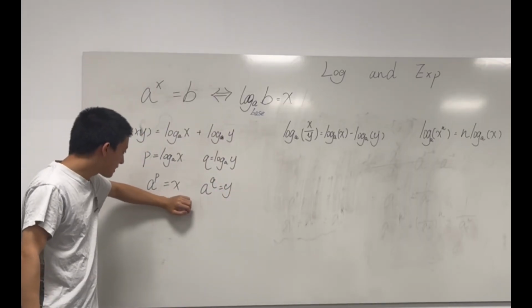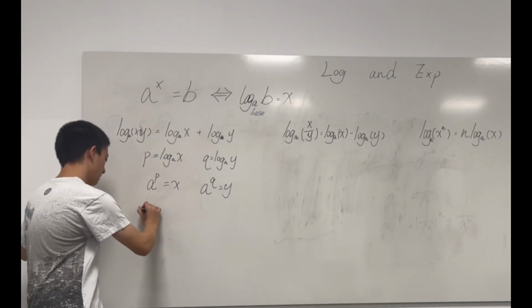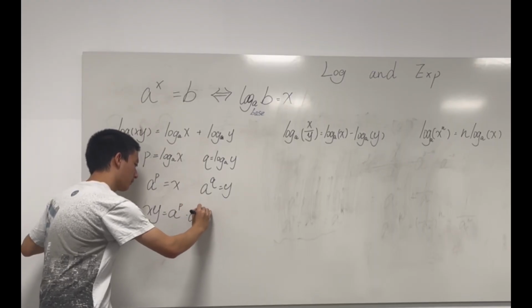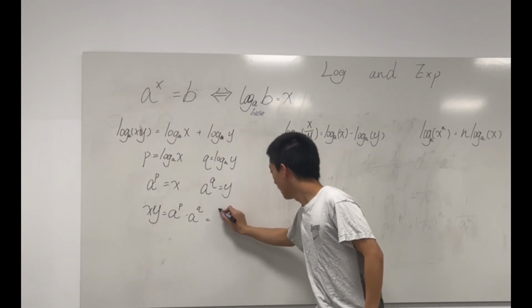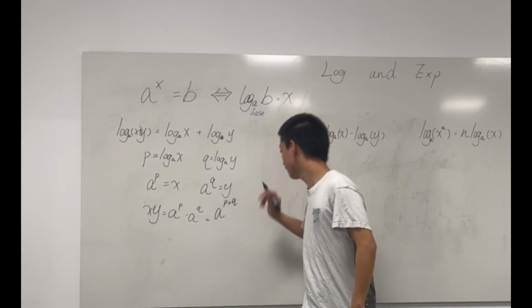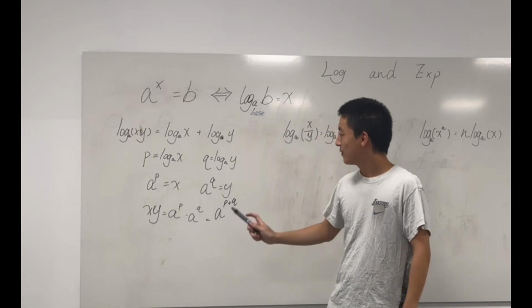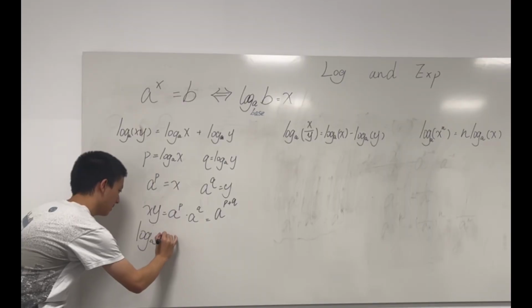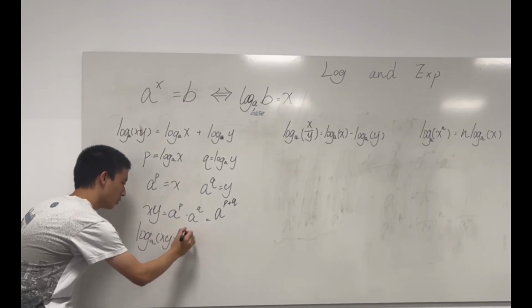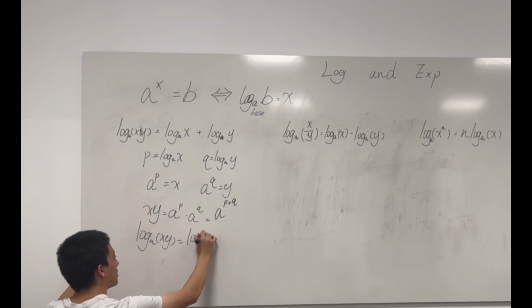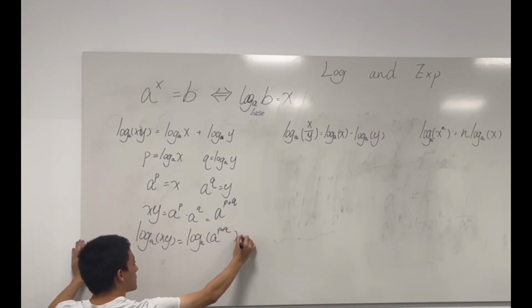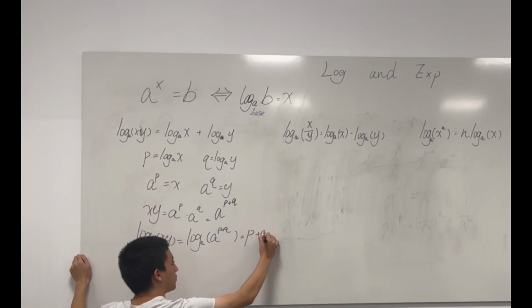So x times y is equal to a to the power of p times a to the power of q, which is equal to a to the power of p plus q. Then we use log. So log a xy is equal to log base a of a to the power of p plus q, which is equal to p plus q.